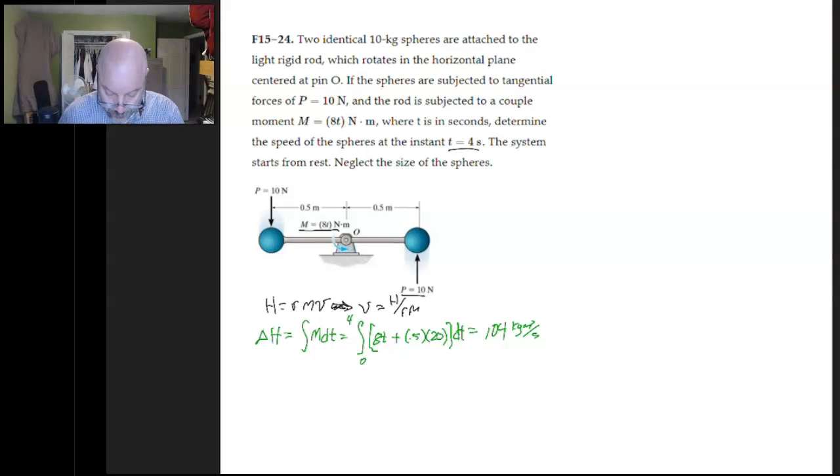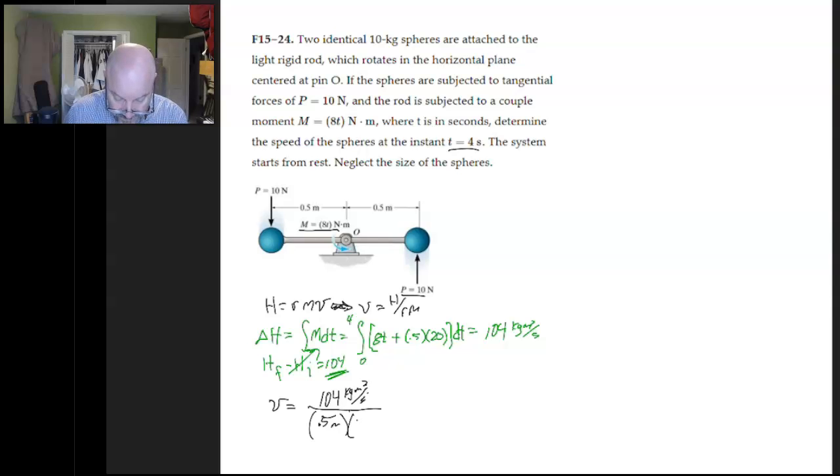That, of course, is my h final minus my h initial, which is 104. We're starting from scratch, and so 104 is the value for h. Let's go back up above where we said v is h over rm, where we've got 104 kilogram meters squared per second, divided by a radius of 0.5 meters.